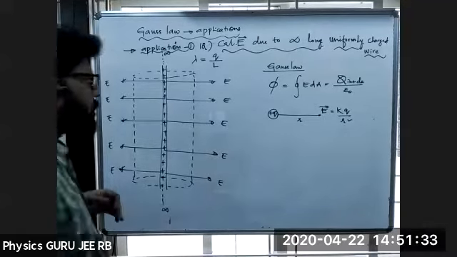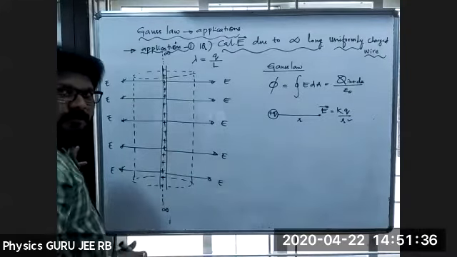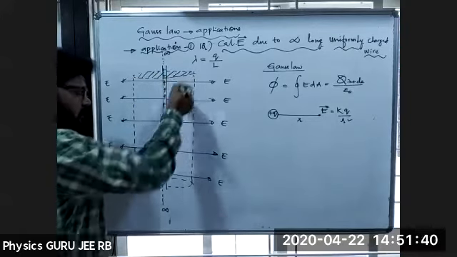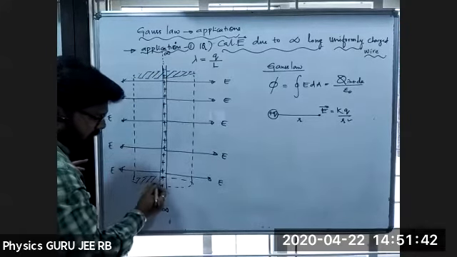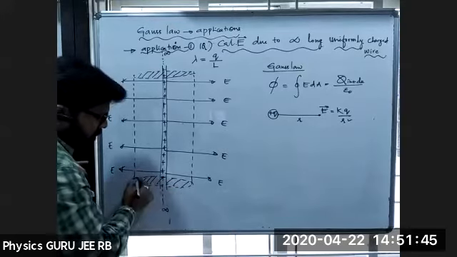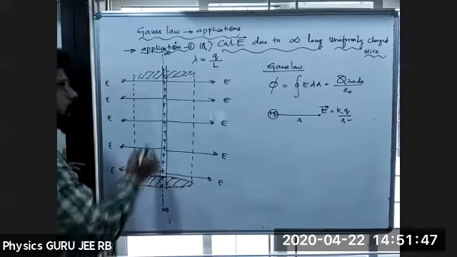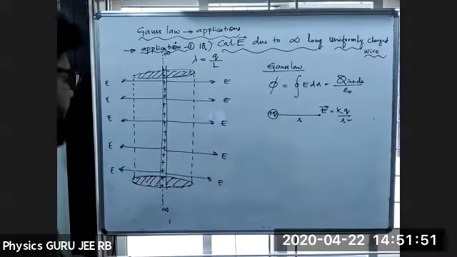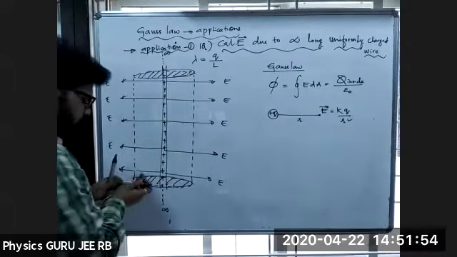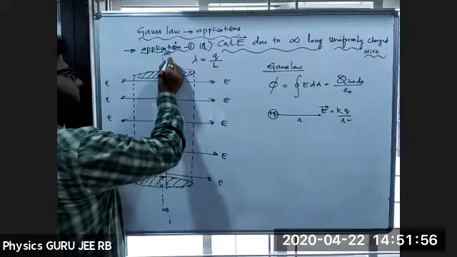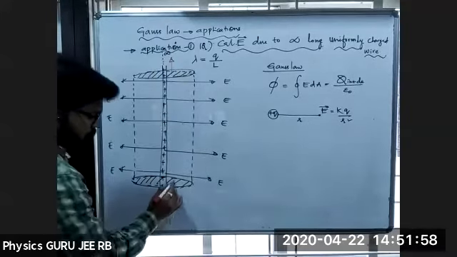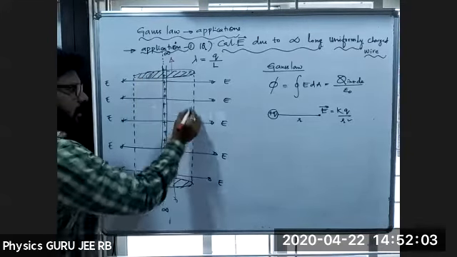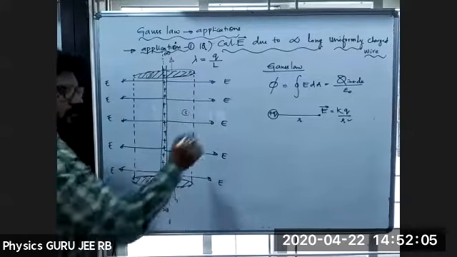Okay. Now see here. For this particular surface, this is a cylinder. It has one upper surface, here the bottom. First surface, second surface, and the curved surface is the third surface.